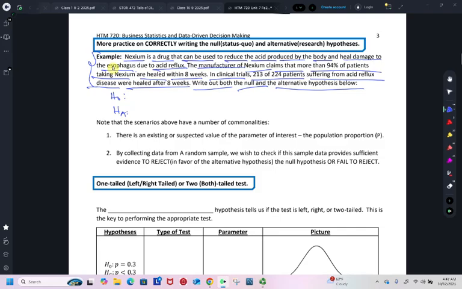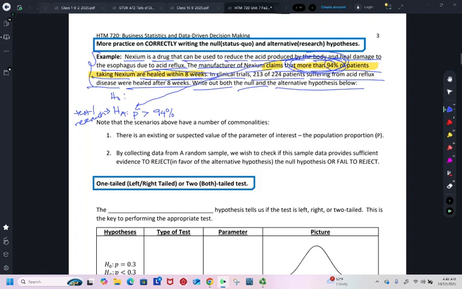So we go back here and we say Nexium is a drug that is used to do what? To reduce acid. And the claim made by the manufacturer is that more than 94% of patients taking Nexium are healed within 8 weeks. That percentage needs to be tested. In other words, we would like to test if the claim is true, that the proportion of patients who are healed within 8 weeks is more than 94%.